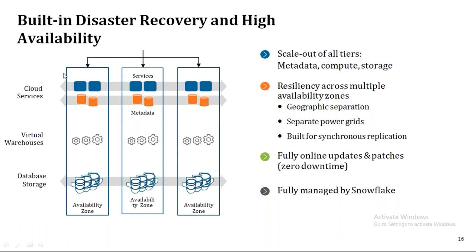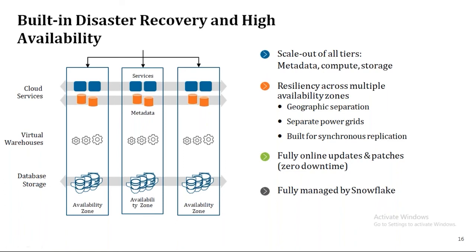If something happens to a particular availability zone, or some power issues or internet issues come to that availability zone, generally that won't happen. But in the worst case, if that happens, you won't even know that you are switching to another availability zone.